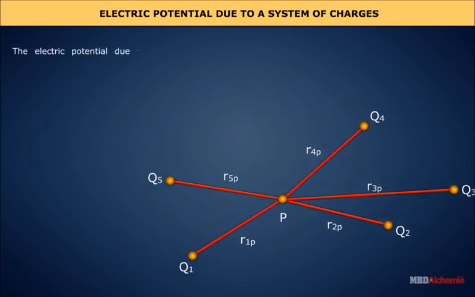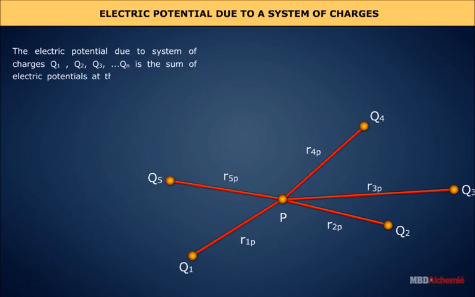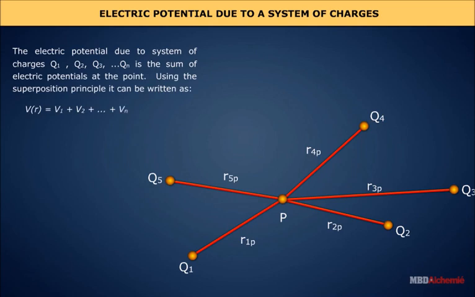The electric potential due to a system of charges is the sum of electric potentials at the point using the superposition principle, and can be written as V(r) is equal to V1 plus V2 up to Vn, or V(r) is equal to 1 by 4 pi epsilon naught multiplied by summation of i is equal to 1 to n Qi by ri.